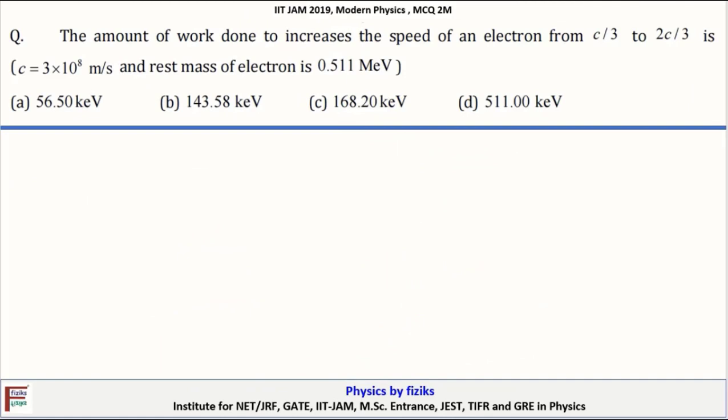This question is related to relativity. In this question, the amount of work done to increase the speed of an electron from c/3 to 2c/3 is asked. We have to determine what amount of work needs to be done to increase this speed.